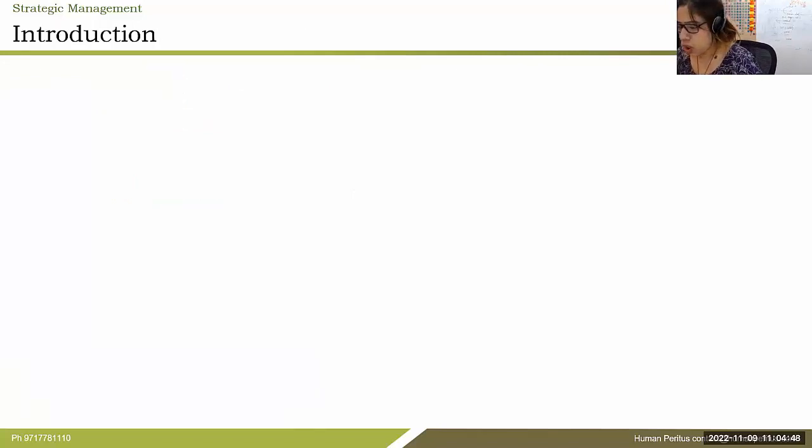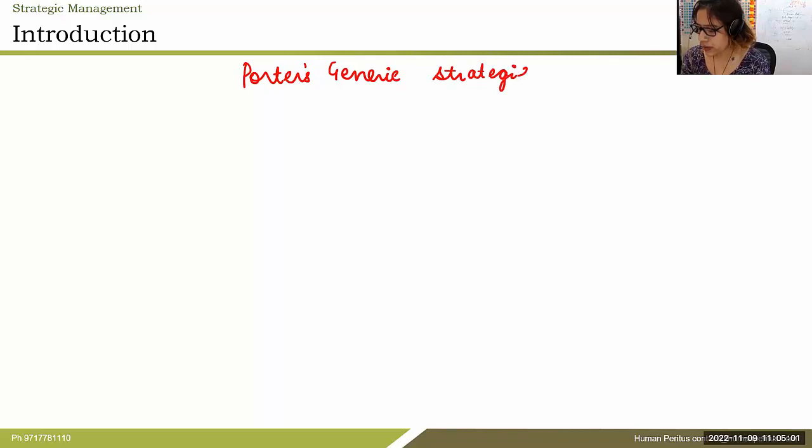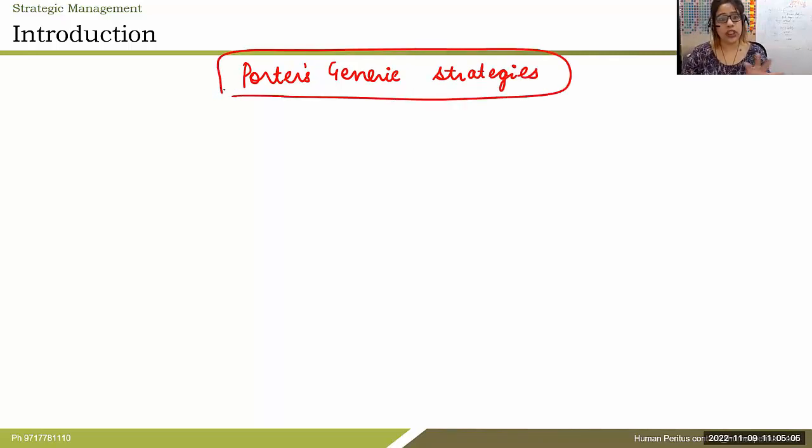All right. So the topic says Porter's generic strategies, right? If you remember in our class, when I was talking about the 3 levels of organization strategies, do you all remember the 3 levels of organization strategy?